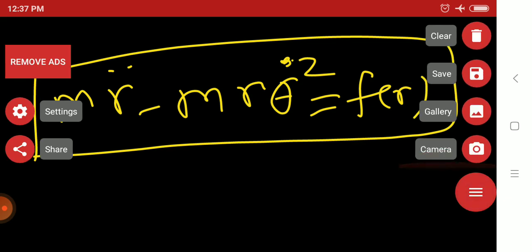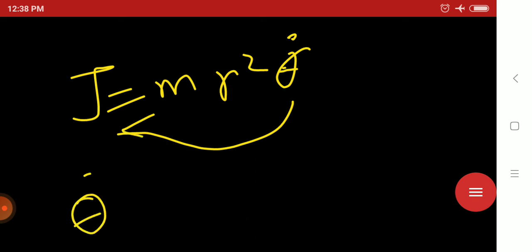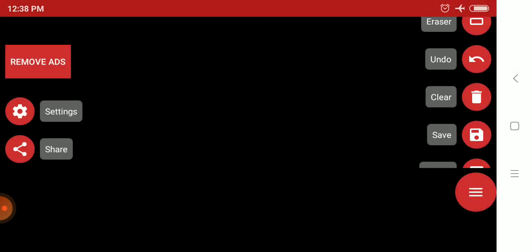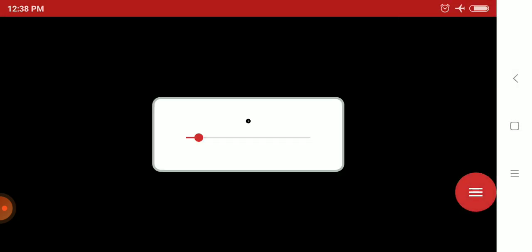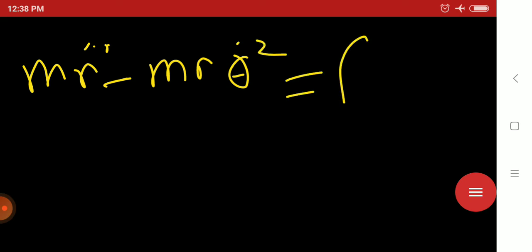Now we have got that J equals m r square theta dot, that is the first integral of motion. So from here we get the relation for theta dot: theta dot equals J by m r square. Now put that in the equation of motion corresponding to r, m r double dot minus m r theta dot square equals F of r.